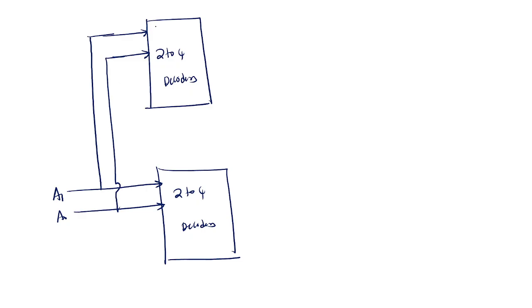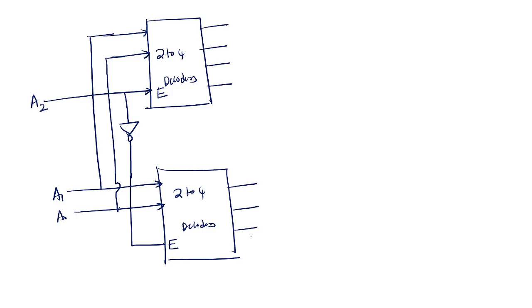So this is also A1 and A naught. And one more input, A2, you are giving directly to this decoder through the enable pin, active high enable pin. Again, through the inverter you are giving it to this enable pin. So here four outputs are there, here also four outputs are there: Y naught, Y1, Y2, Y3, Y4, Y5, Y6, and Y7.